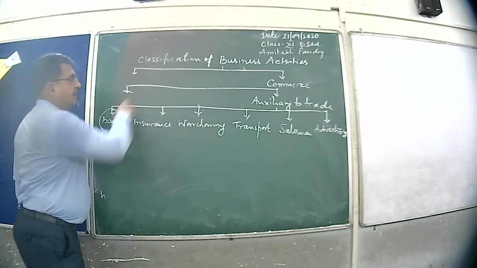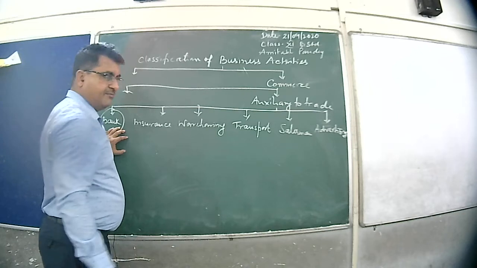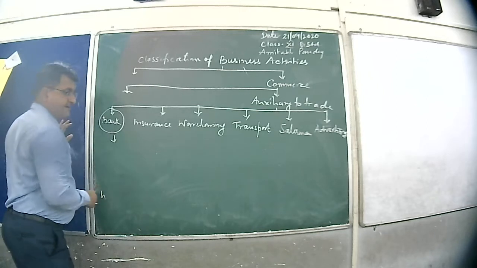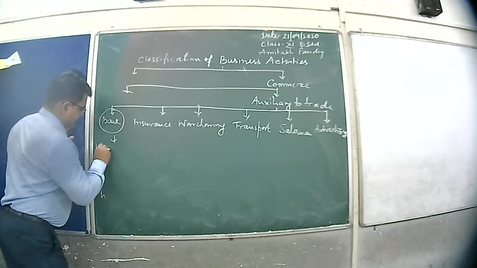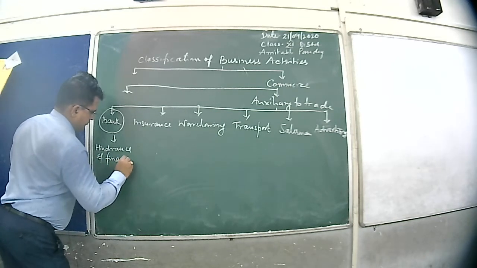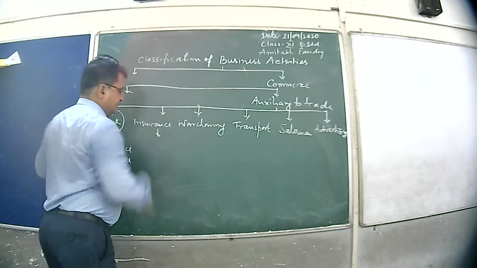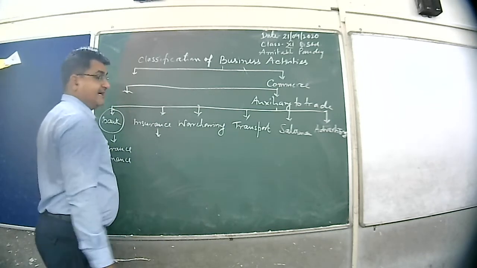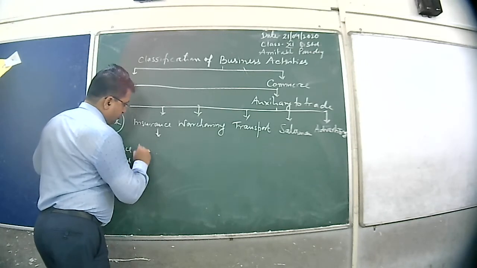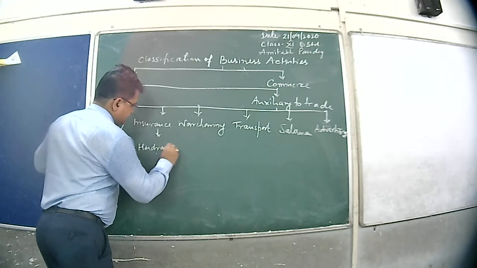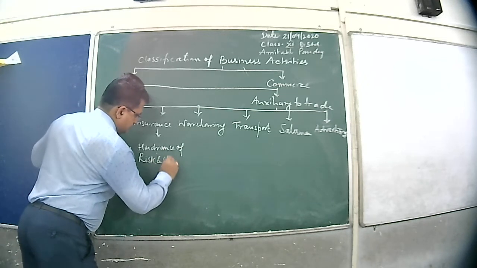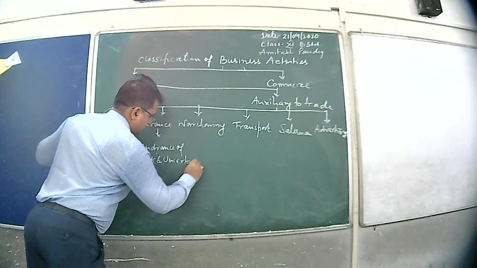Bank, as I have just explained, is one of the services of commerce which tends to remove the financial burden. So it is instrumental in removing the hindrance of finance. Now insurance, another service of commerce, eliminates or tends to remove risk and uncertainty. That means it removes the hindrance of risk and uncertainty.